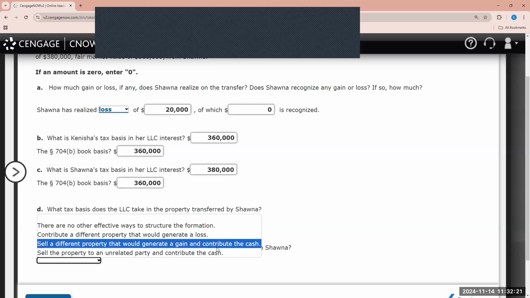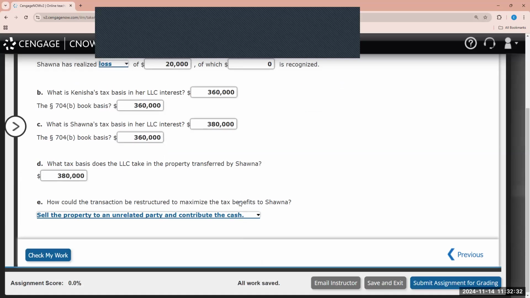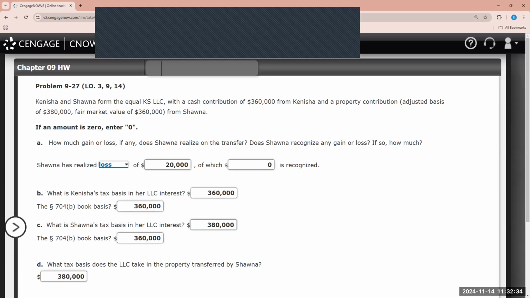Sell a different property that would generate a gain and contribute cash? No, what if she doesn't have another property? What would make the most sense is to sell the property to an unrelated party and then contribute the cash. All right, so this brings us to the end of several questions for Chapter 9, Partnerships, Formation, Operation, and Basis.